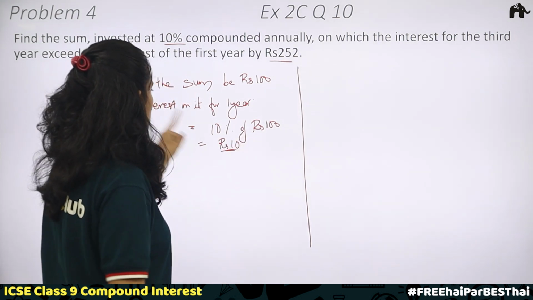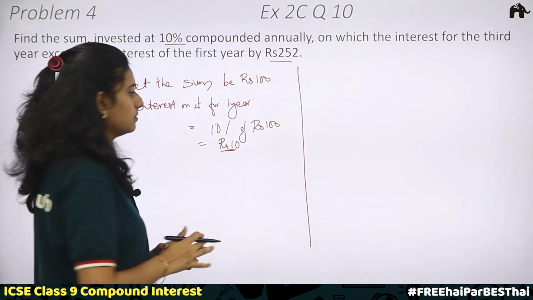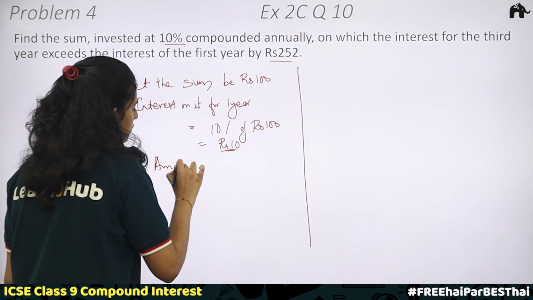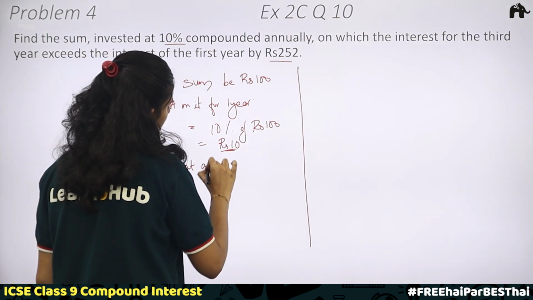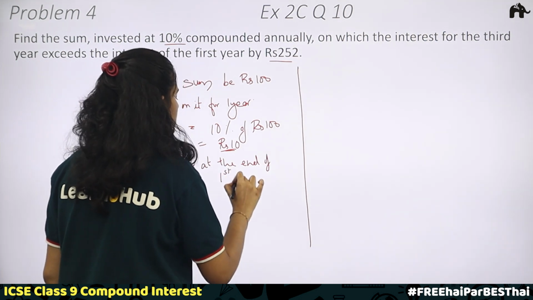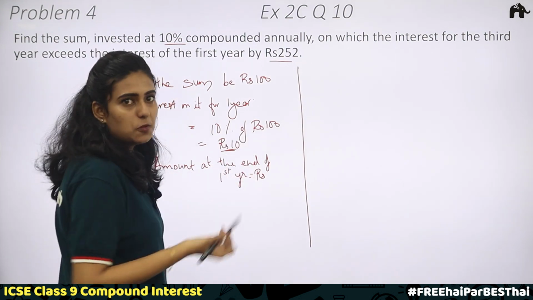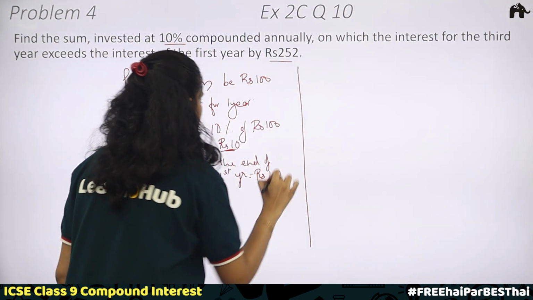Okay. Interest on it for the first year is rupees 10. Then what is the amount at the end of first year? Amount at the end of first year will be equal to rupees 100 plus rupees 10, which is rupees 110.